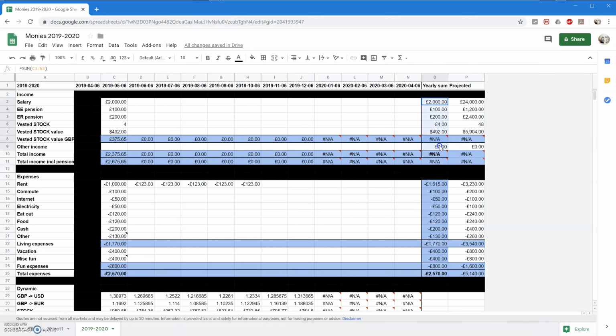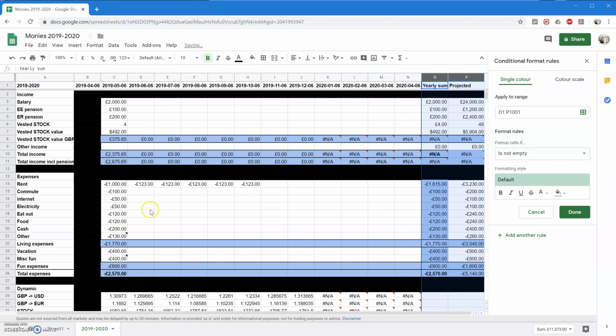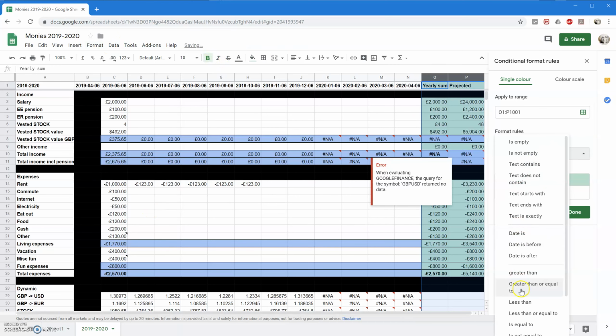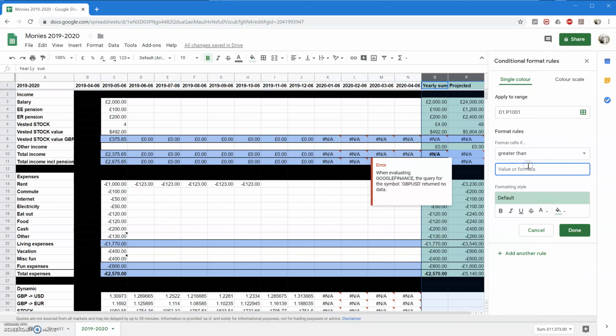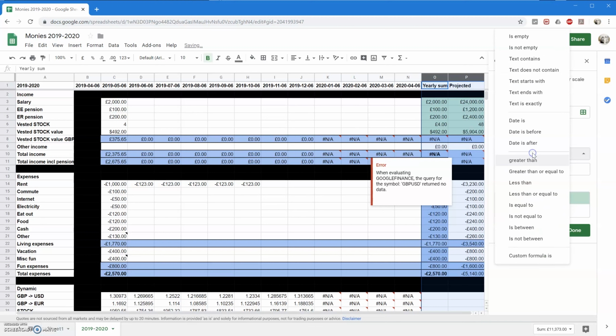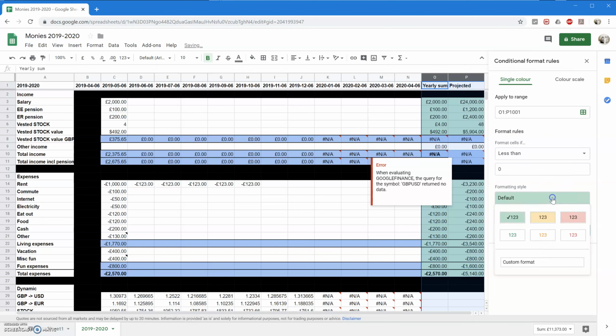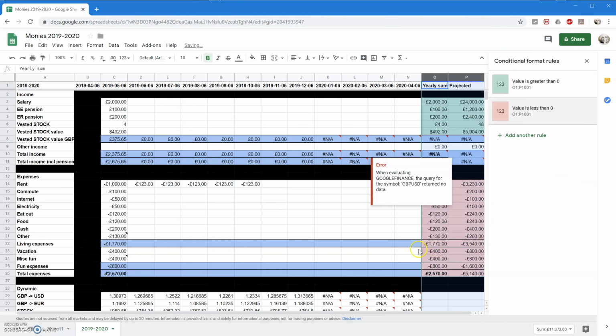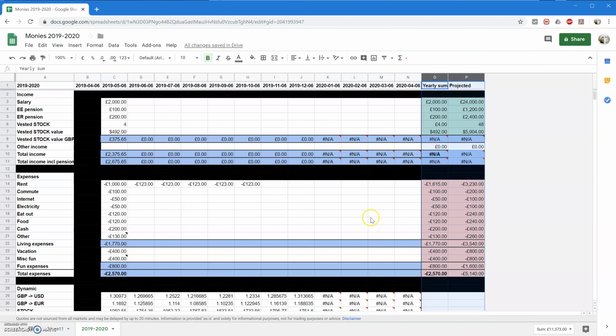And since we're here, we can add some nice colors. And let's go all the way. There's some nice colors.